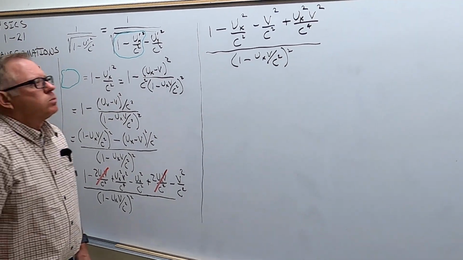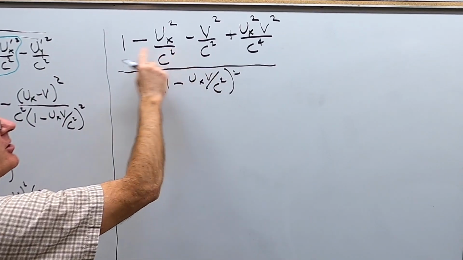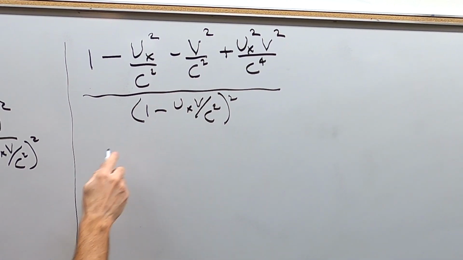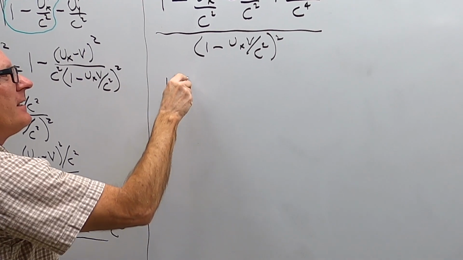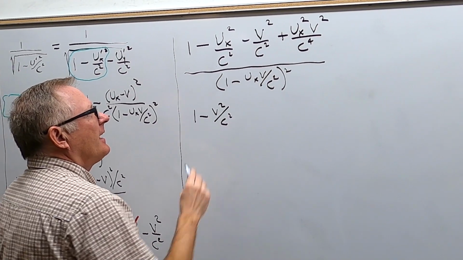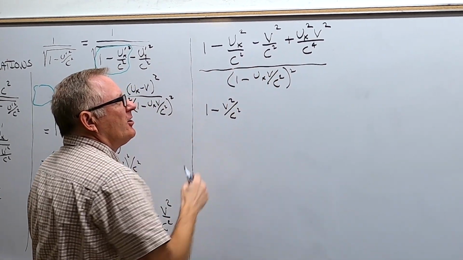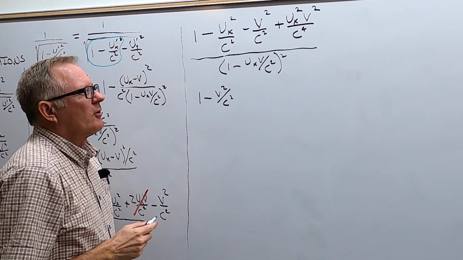Okay, what I'm going to do is take these 2 terms right here and write those out: 1 minus v squared over c squared. And then out of these 2 terms, I'm going to factor out a minus ux squared over c squared.